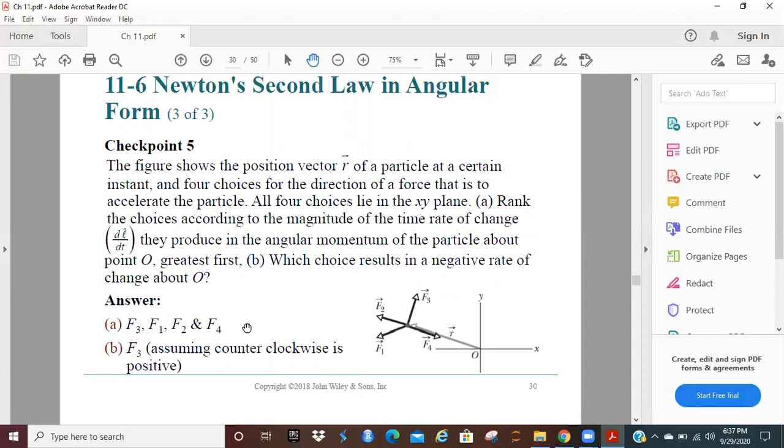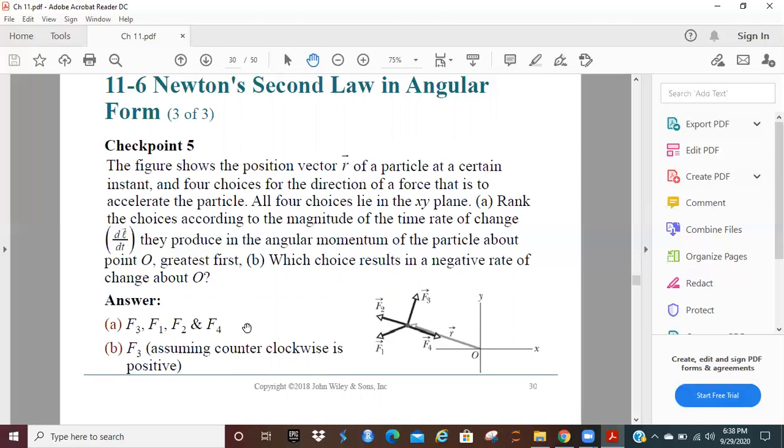So rank the choices according to the magnitude of the time rate of change they produce in the angular momentum of the particle around the point O with the greatest first, and which choice results in a negative rate of change about O. Well, all of the force magnitudes are going to be the same. In other words, F1, F2, F3, F4, all of the magnitudes of those particular forces are going to be the same.